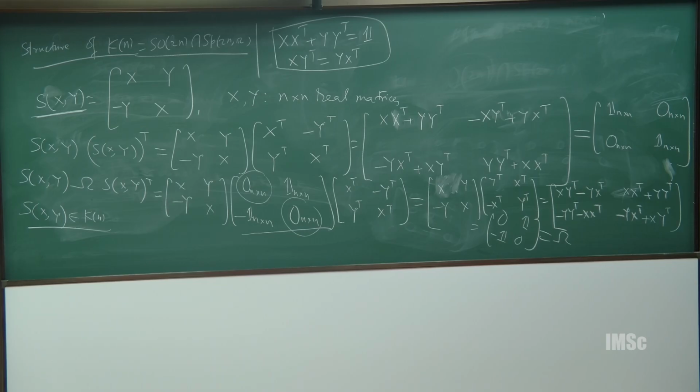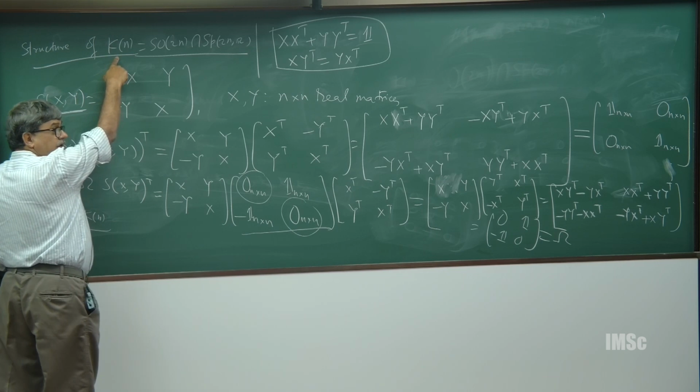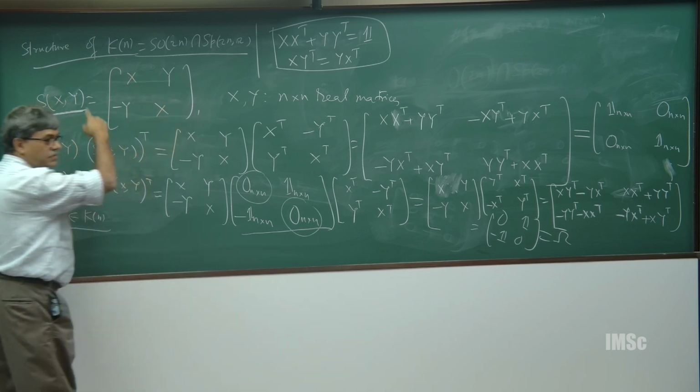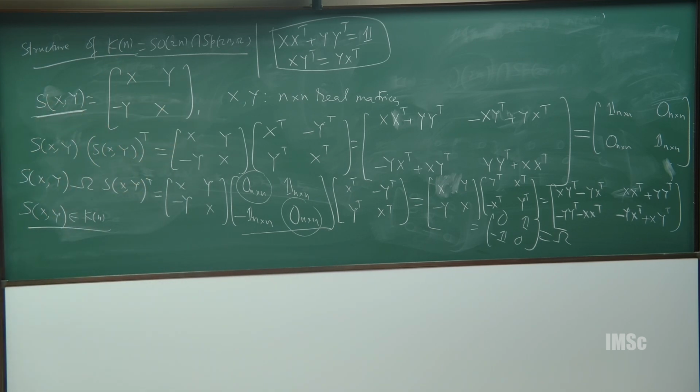You can also prove the converse. The converse is: if I take any element of this Kn, it can always be cast in this form. This is the more general intersection. I am not going to prove this, you can try to prove it.